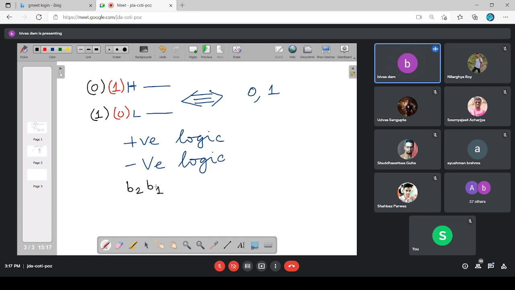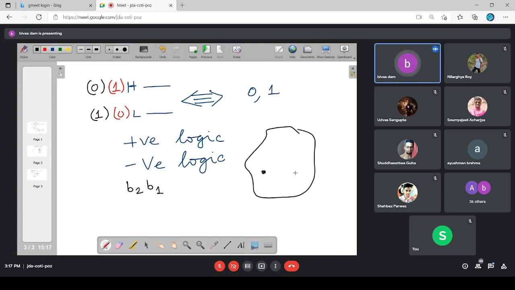Okay. But that's in the logic domain concept. In the physical domain, these two logic signals B2, B1 must be physically coming from two voltage sources or two electrical nodes.